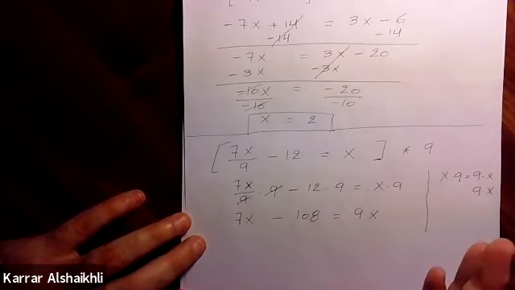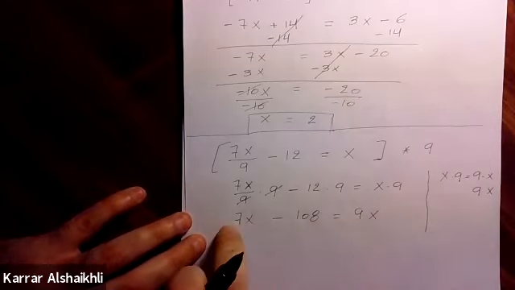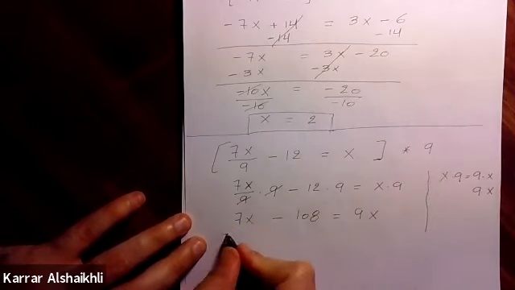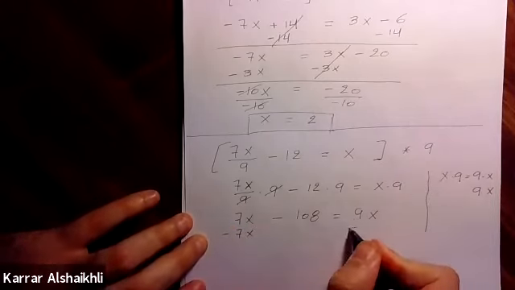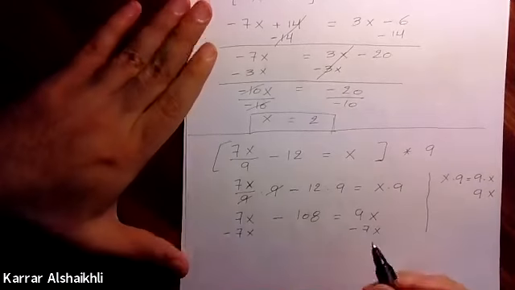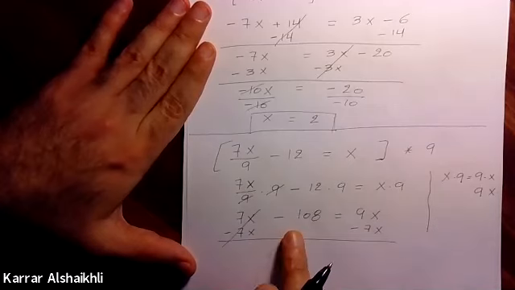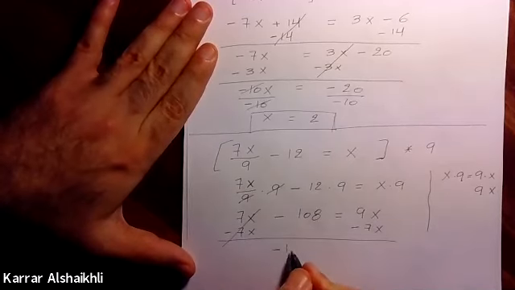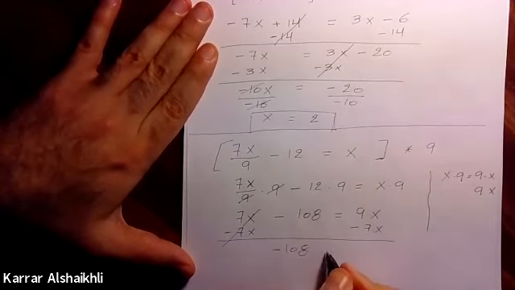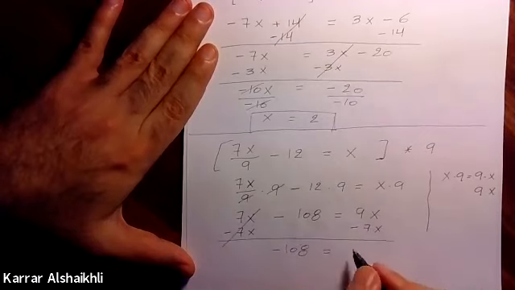But which one is easier? It's going to be moving 7x to the other side. So I'm going to say minus 7x, minus 7x. Cancel these. The leftover from the left side is negative 108 equal 9x minus 7x is going to be 2x.